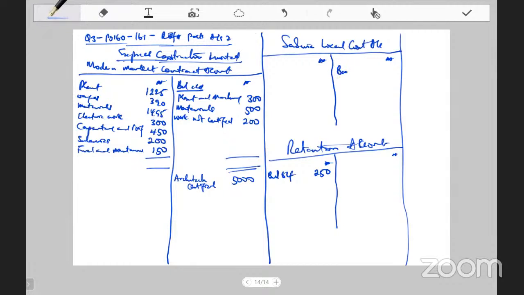That is progress payment. How much is our progress payment? 4,000. And please don't forget, our architect certificate confirms on the contractee the amount that is owing. And that is 5,000. Next.